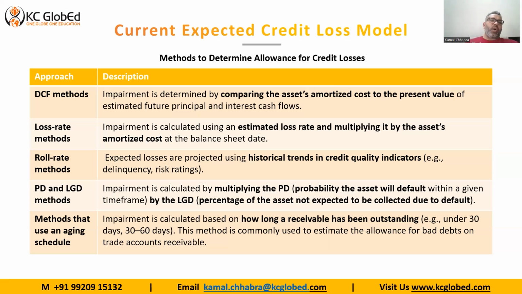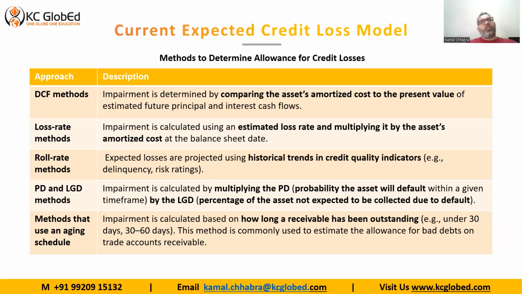Second method is the loss rate method. In the loss rate method, impairment is calculated using an estimated loss rate and multiplying that rate to the book value at the balance sheet date. So for example, Ayush, you have given one example that 1% or 2% of the receivable we consider as tentative bad debts. So we create the provision for bad debts, right?